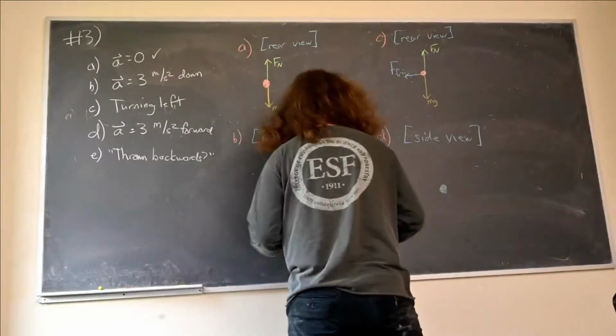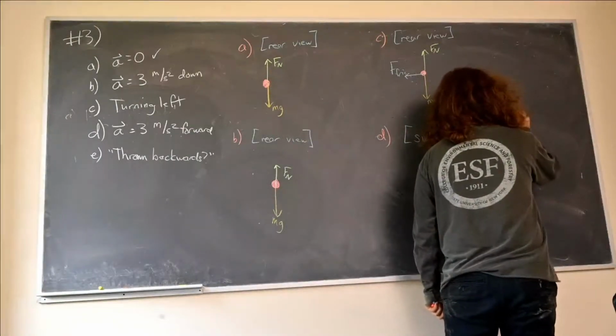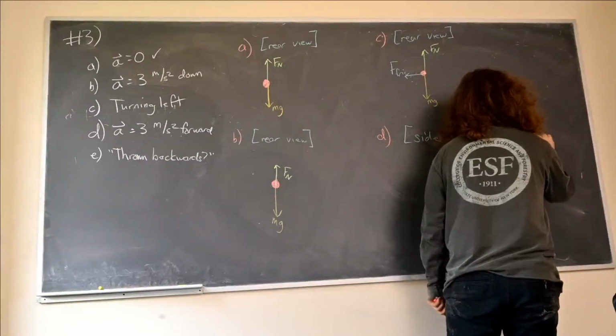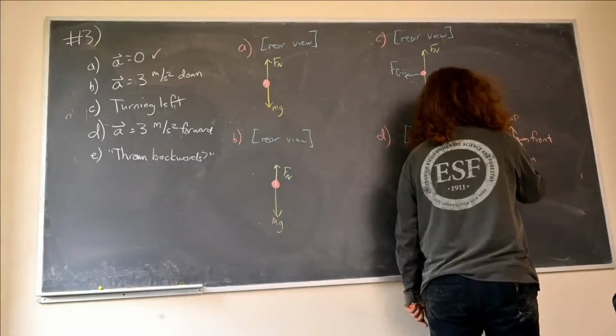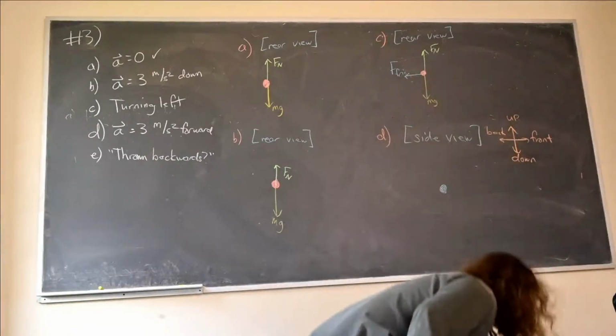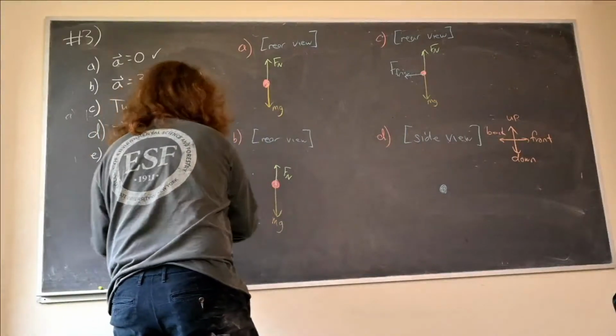So now my coordinate axis looks like this: up, down, front, back. I again have my familiar normal force and gravity.